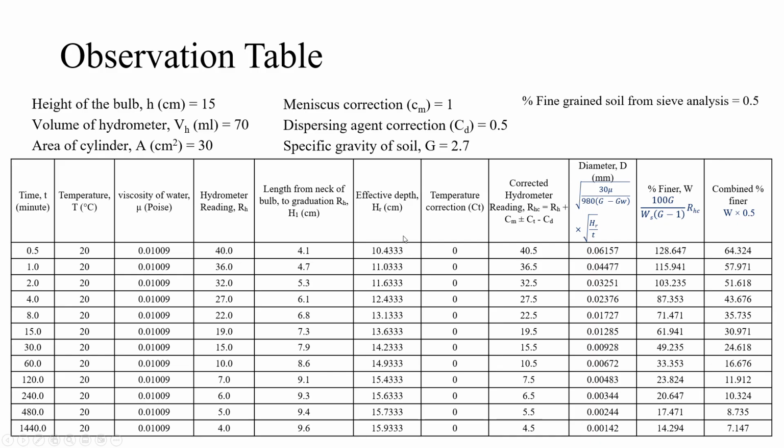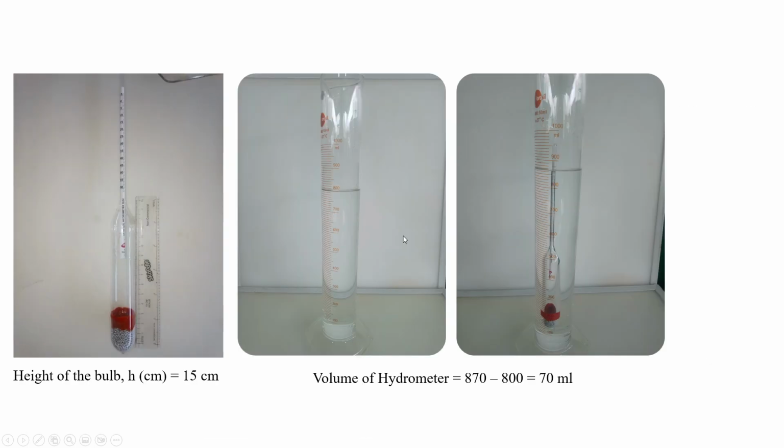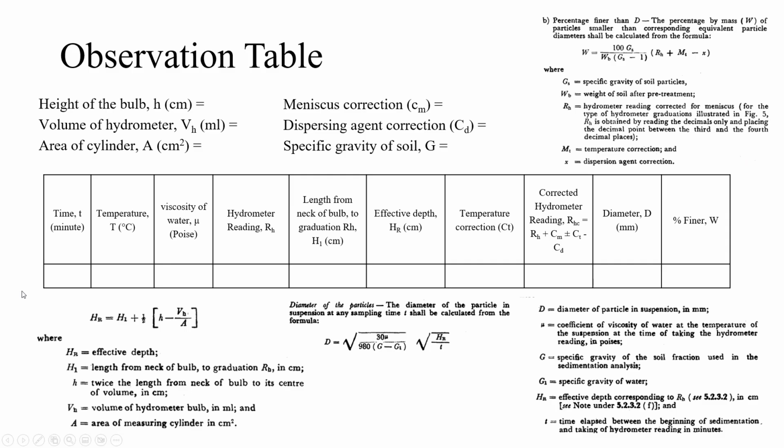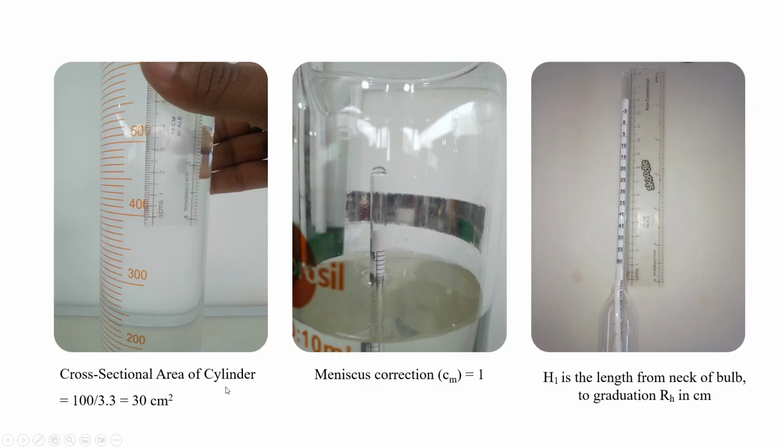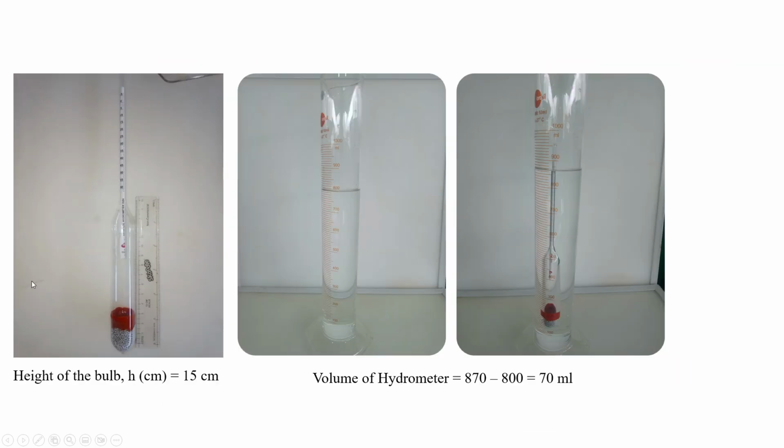So HR will be found by this formula: HR is equal to H1 plus half of h minus VH by A. H1 we have just calculated. H1 is the length from the neck of the bulb to the graduation RH in centimeter. Small h is the length of the bulb, from the neck of the bulb to the bottom part of the bulb.